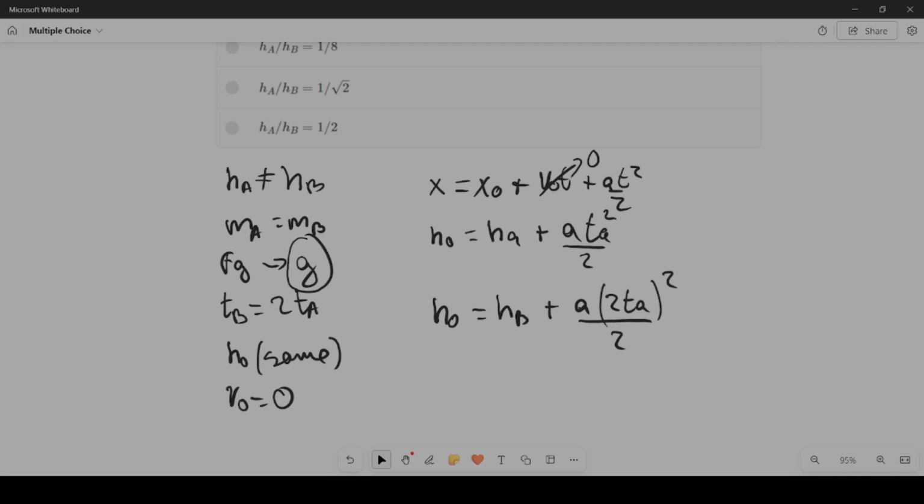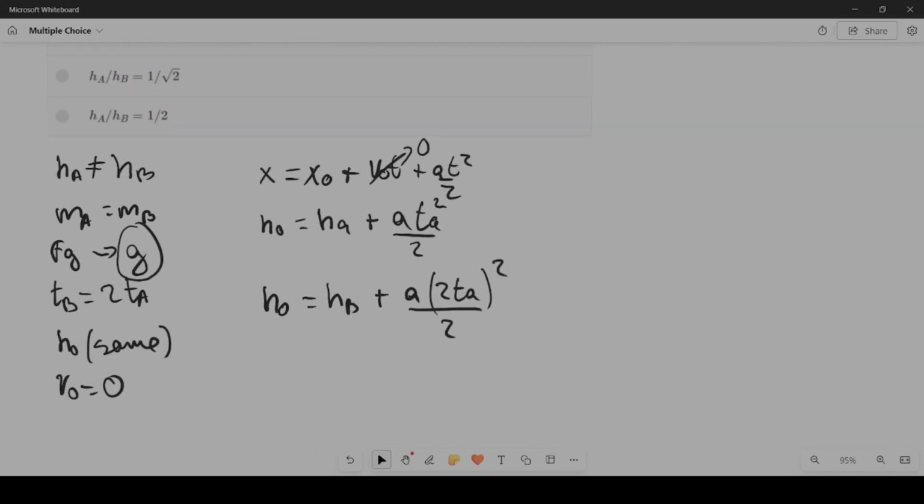And now we have all we need to solve, because we can solve this for HA and for HB, and we get that HA equals H0 minus a times tA squared over 2, and HB equals H0 minus a times 2 tA squared over 2.